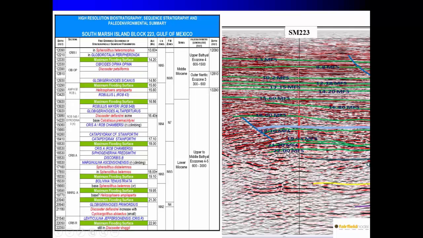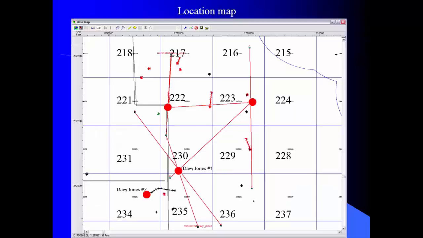We move those onto the seismic so that you can have a correlation from the logs to the seismic.